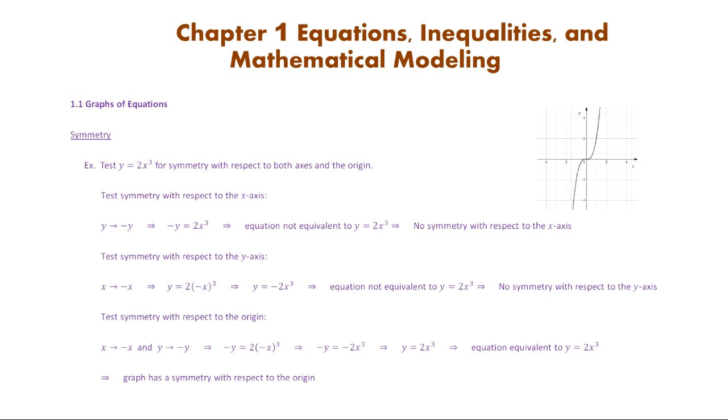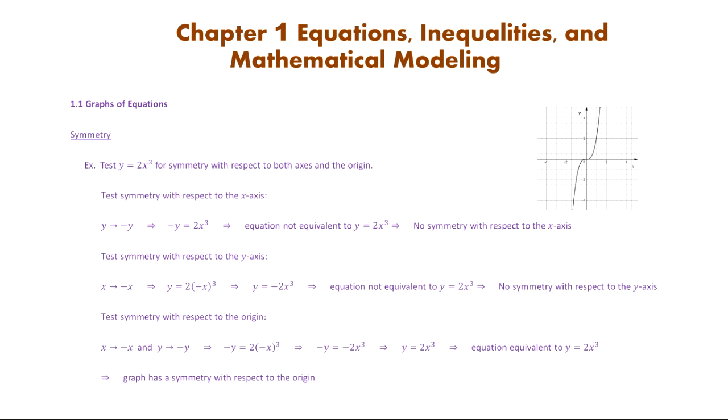You change y to negative y and see if the equation holds. So if you change y to negative y in the equation, then we get negative y equals 2x cubed. And this equation is not the same as the original equation y equals 2x cubed. Okay, so there is no symmetry with respect to the x-axis.